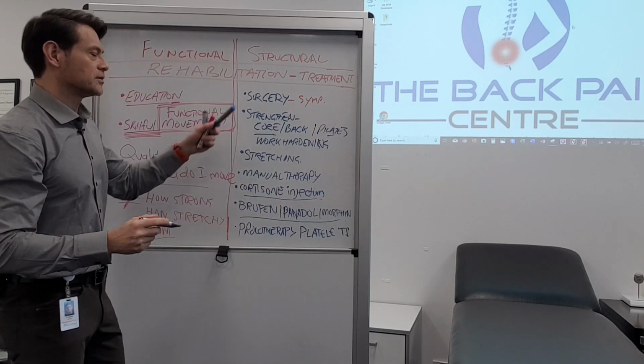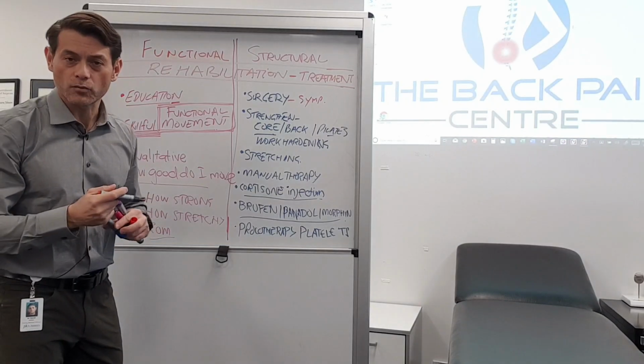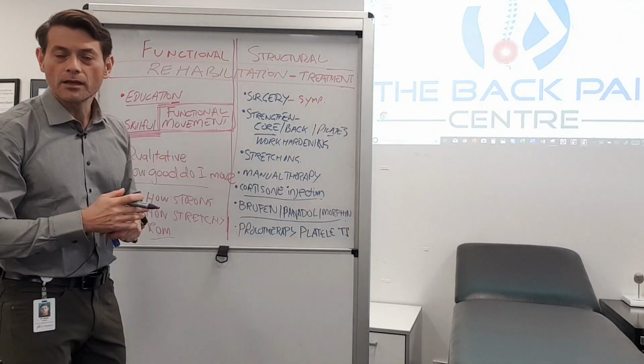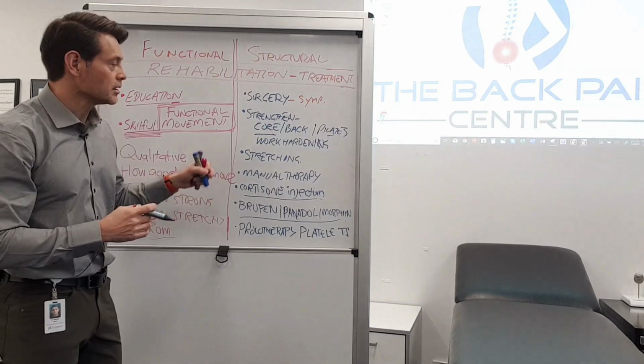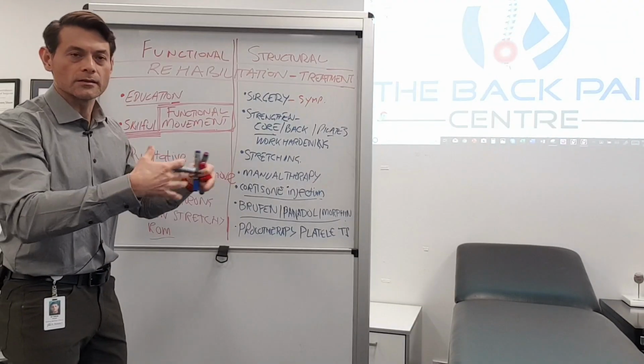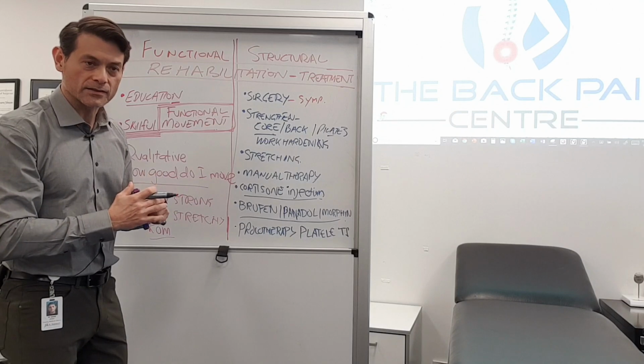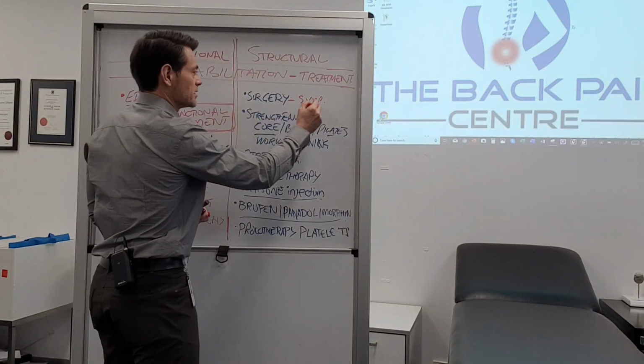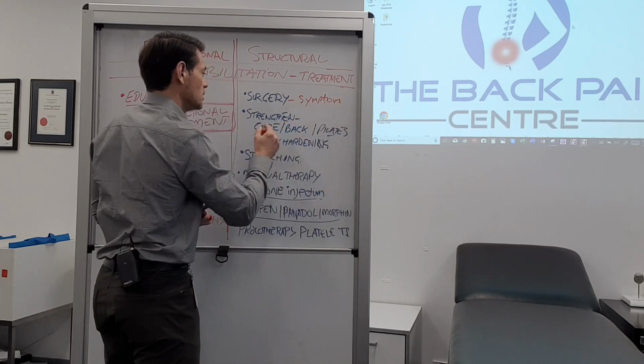Because the tissues break down for a reason. The disc breaks down for a reason. Instability occurs for a reason. So they're all downstream effects of something else that causes them. So surgery is addressing a symptom, not a cause.